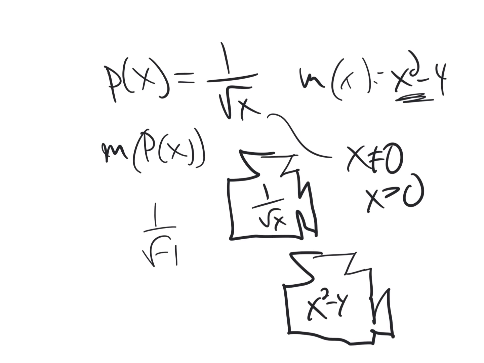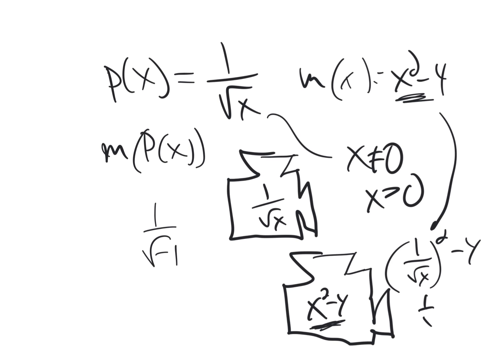So because this doesn't have any domain limitation, even though when I drop in 1 over the square root of x into x squared minus 4, so that's the composite function m of p, that does become 1 over x like you pointed out. And in this case, x just can't be 0 because I can't divide by 0, but I lost the square root, so it doesn't change it.